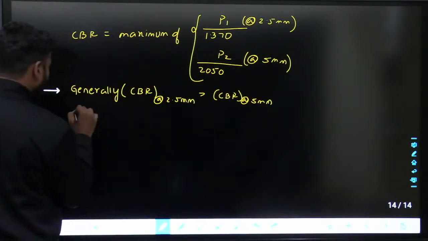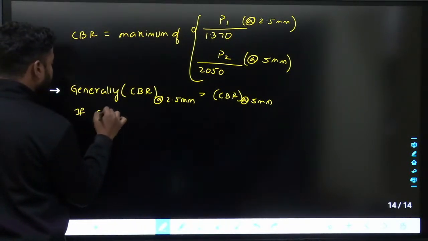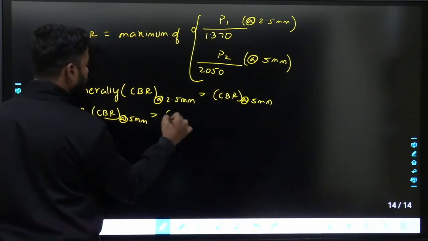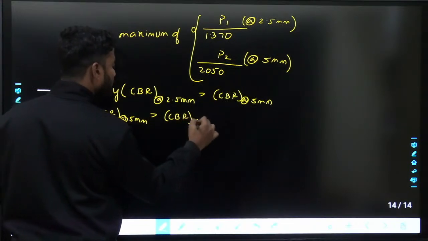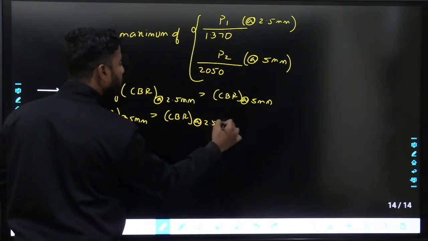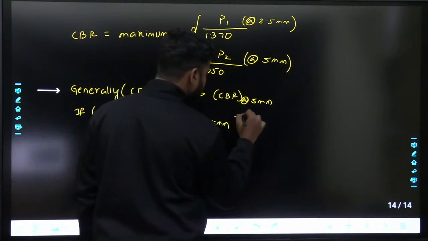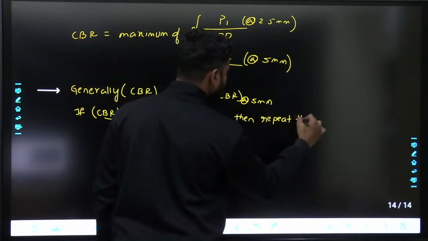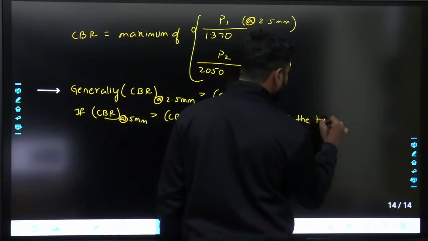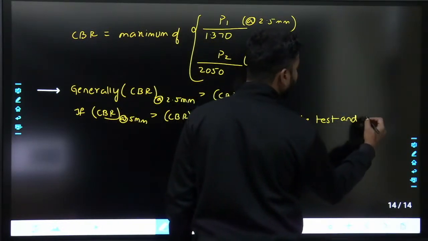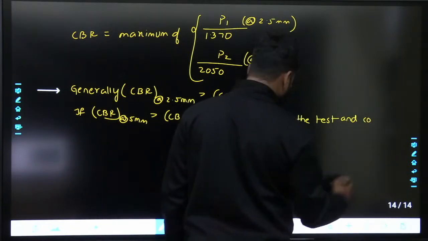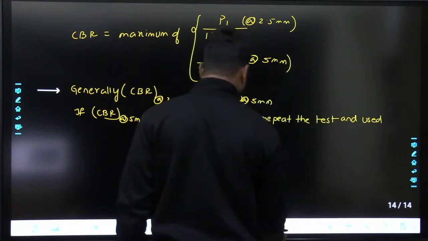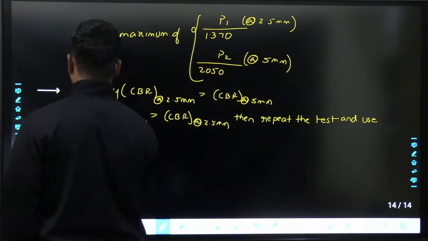If CBR at 5 mm is more than CBR at 2.5 mm, then repeat the test, and consider and use whichever is maximum.